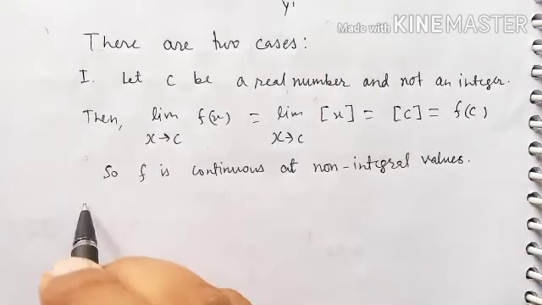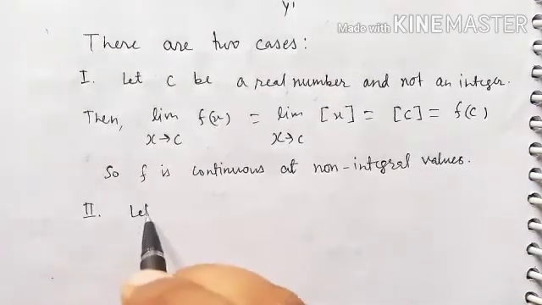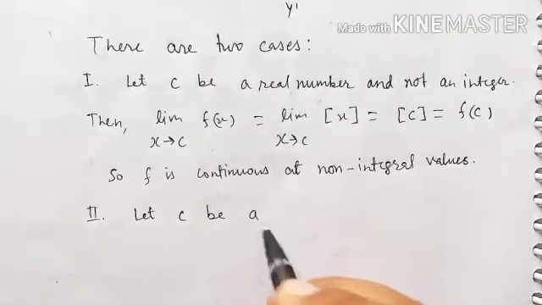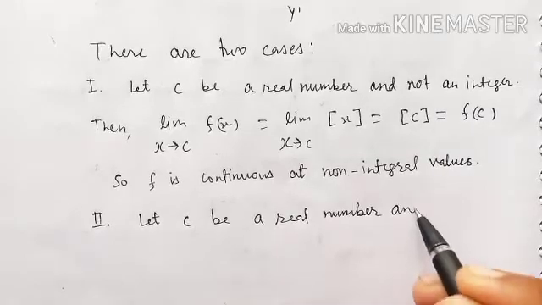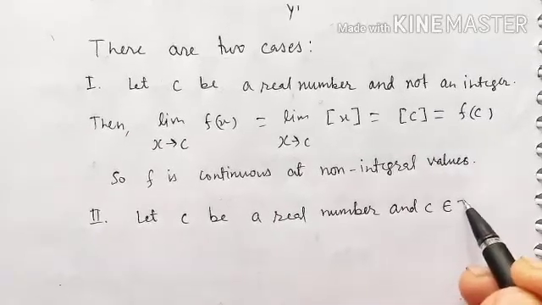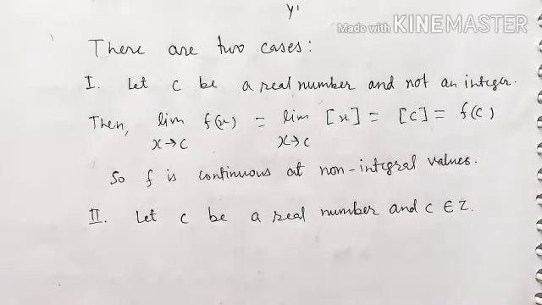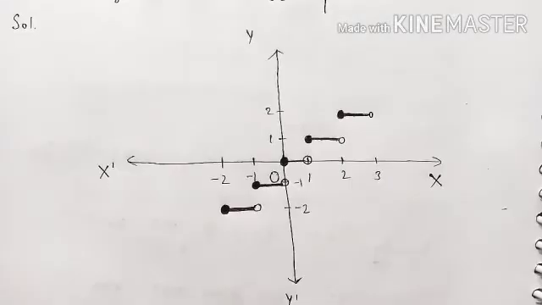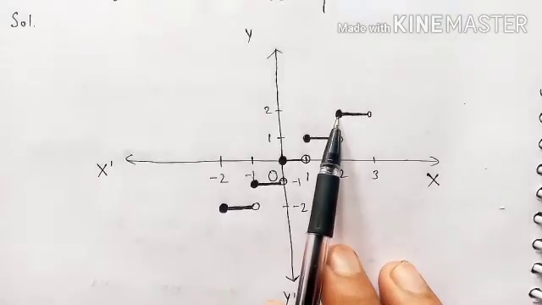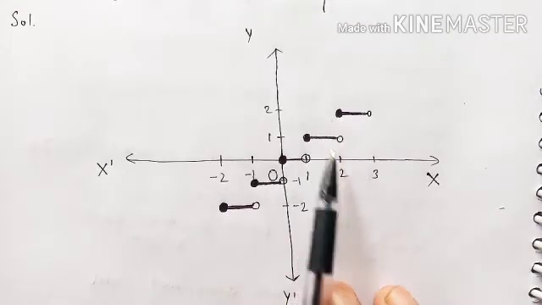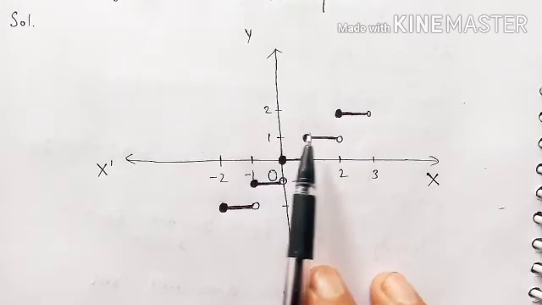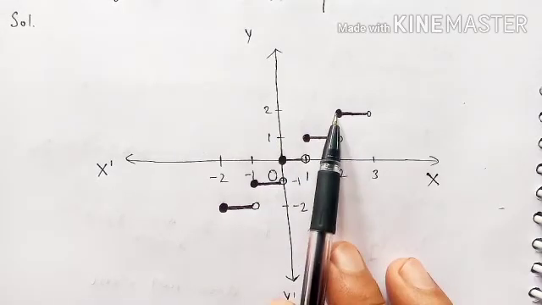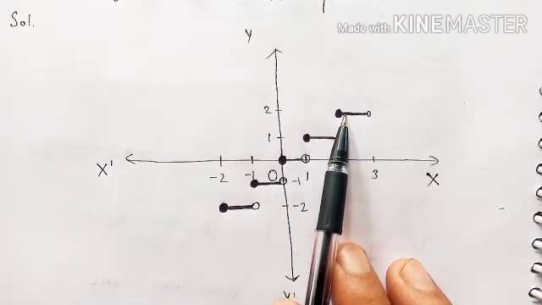Let us see. Let c be a real number and c belongs to the set of integers. Then from the graph, suppose we take 2, then to the left of 2, the value of the greatest integer is 1, and to the right of 2, the value of the greatest integer is 2.